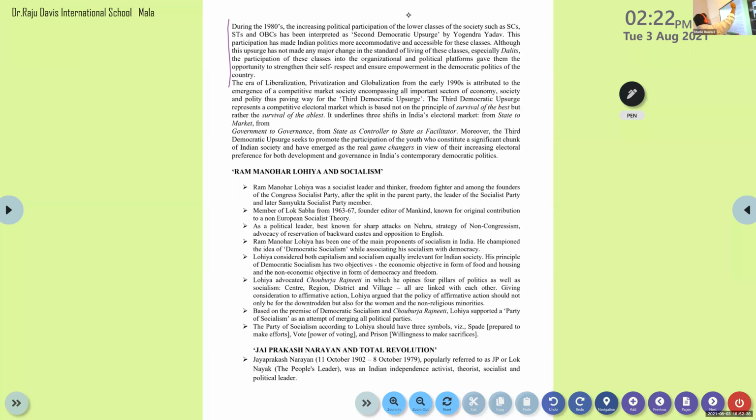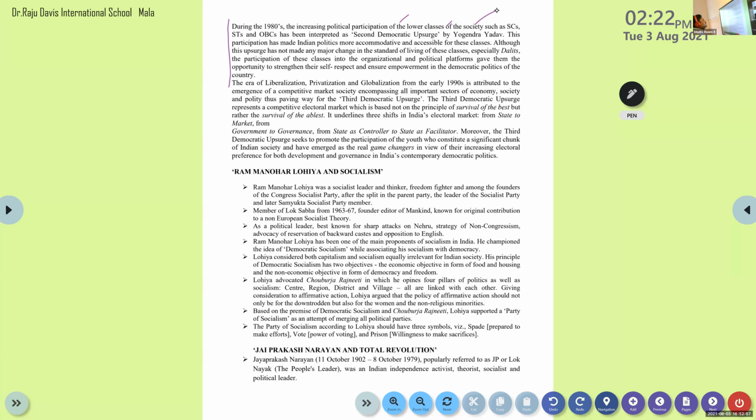Participation of the lower classes of society, such as SCs, STs, and other backward communities, OBCs, has been interpreted as the second democratic upsurge by Yogendra Yadav, a famous political thinker. Clear? Understand? This is the second democratic upsurge in India.